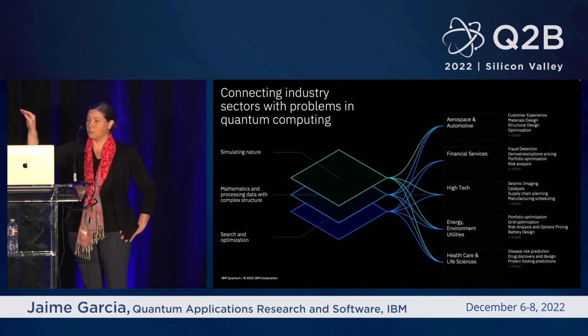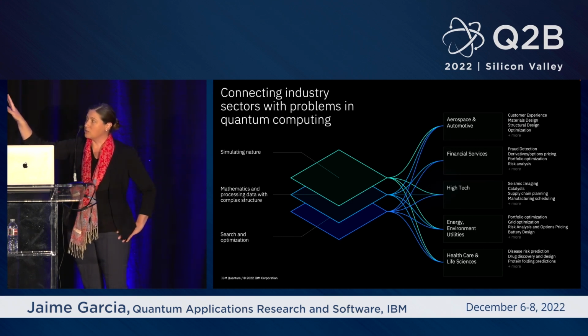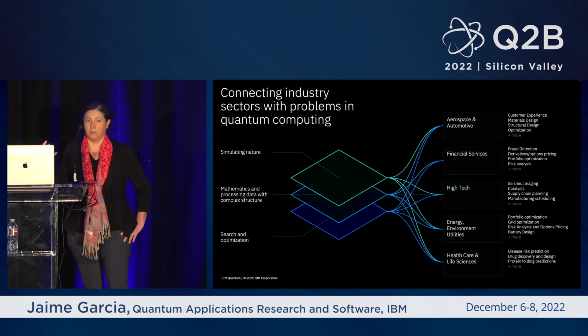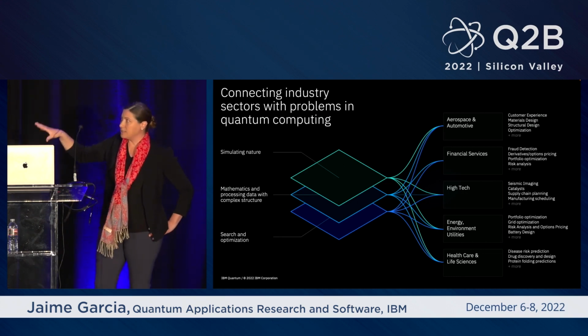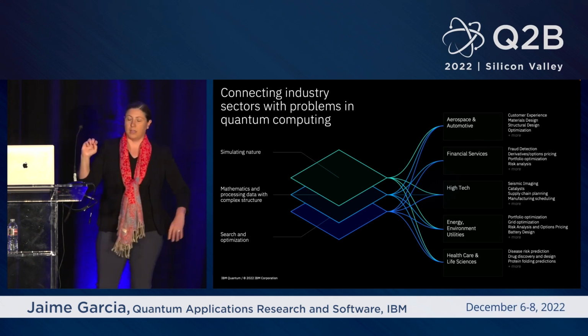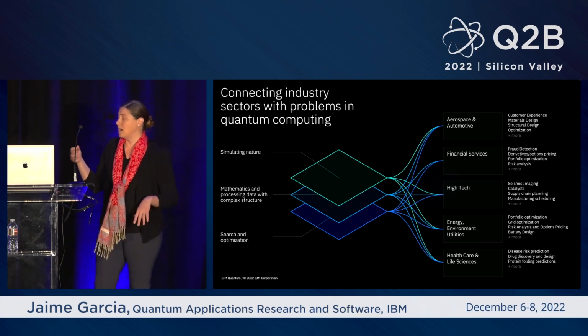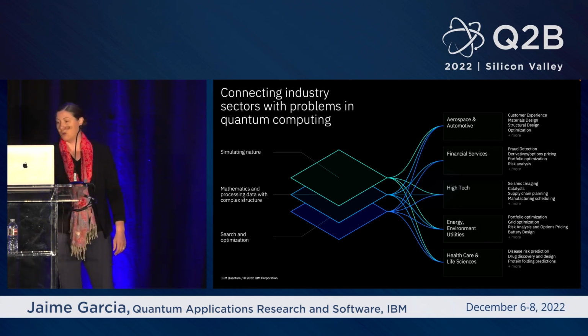Effectively what we're saying is that there's a lot of very interesting use cases in aerospace and automotive, financial services, high-tech, energy, environment, and utilities, and healthcare and life sciences that have the potential for quantum advantage as defined by theory, or at least some sort of valuable speed up as defined by the industry. These are some examples of the different areas. The list, as you can imagine, can be endless. But we choose to focus in and hone in on very specific ones that we think have the most potential for quantum advantage.